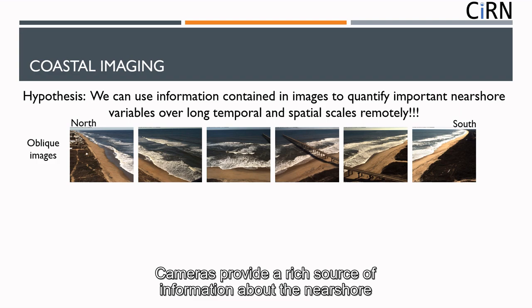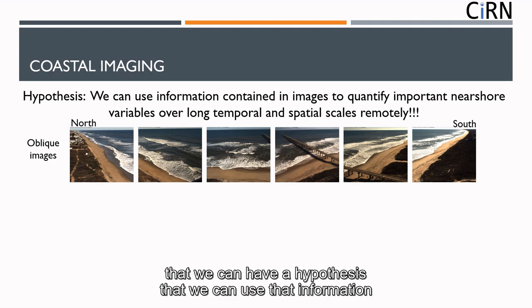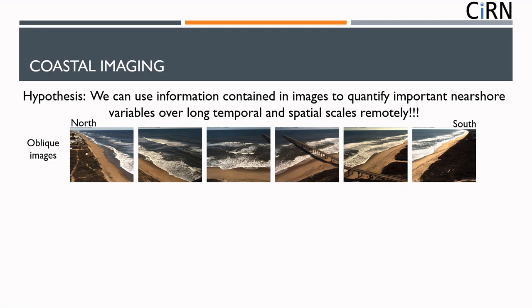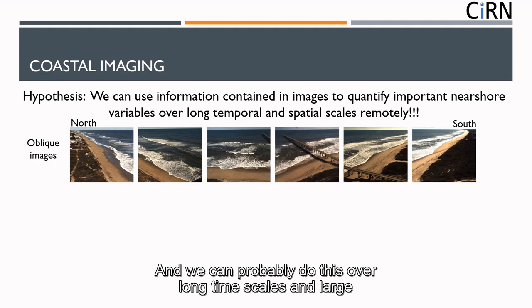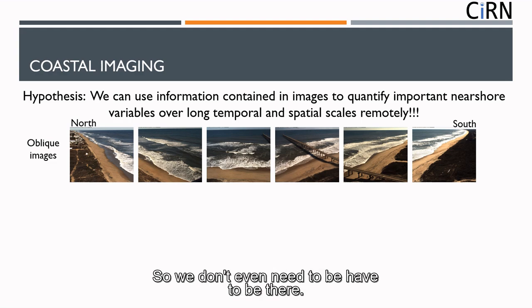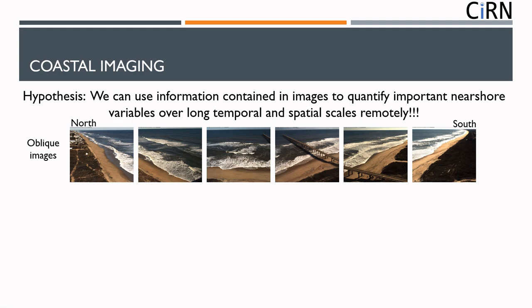Cameras provide a rich source of information about the nearshore. We can hypothesize that we can use that information to quantify the important nearshore variables, and we can probably do this over long time scales and large spatial scales, and even do it remotely, so we don't even have to be there.